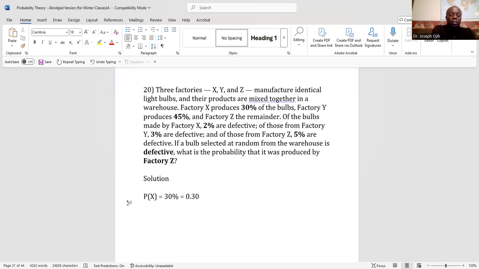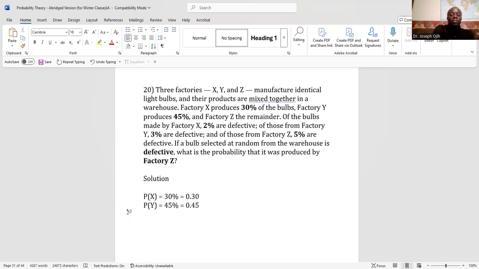From factory Y, P of Y is 45%, which is 0.45.